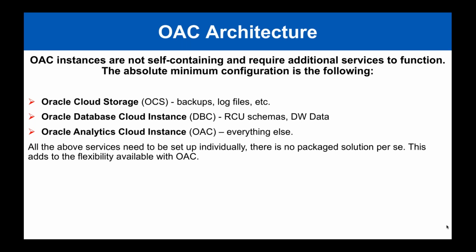The absolute minimum configuration that you need to have OAC, or even to run OAC, is Oracle Cloud Storage, both block and object, Oracle Database Cloud Instance, which at a minimum you need for the RCU schemas, if you guys are familiar with that in OBIEE, and then the OAC instance, which includes its own server that you might have access to depending on which version you choose.